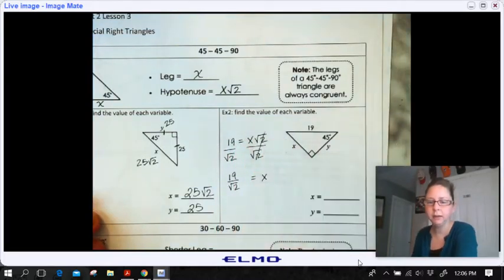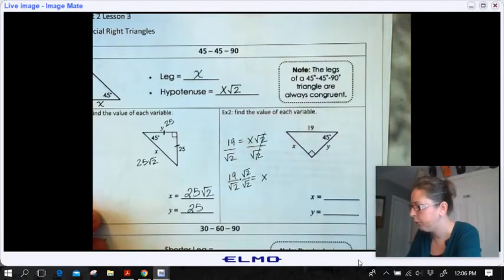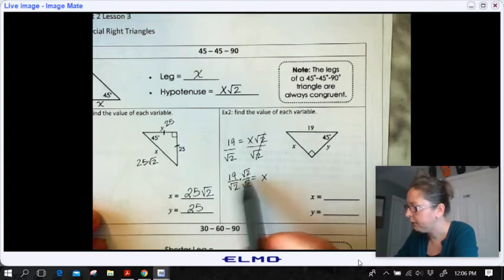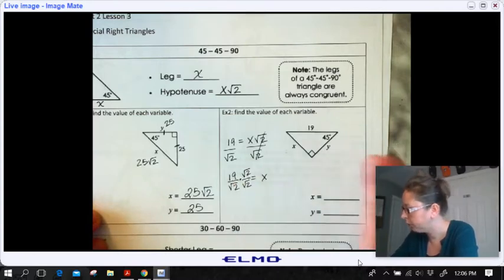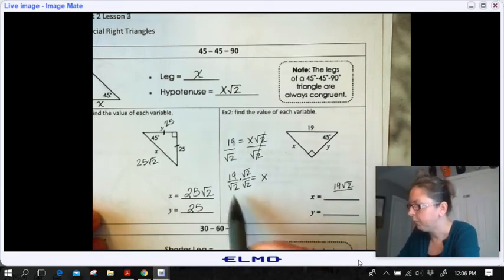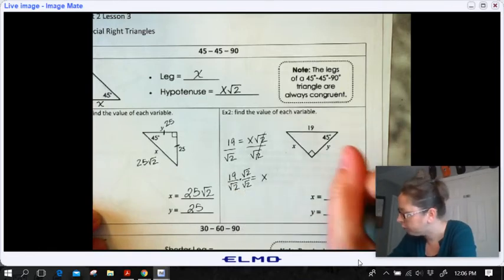Well, I cannot leave the square root of 2 on the bottom. So I'm going to multiply this by square root of 2 over the square root of 2. And so on top, I will have 19 square roots of 2. And on bottom, the square root of 2 times the square root of 2 is just 2.